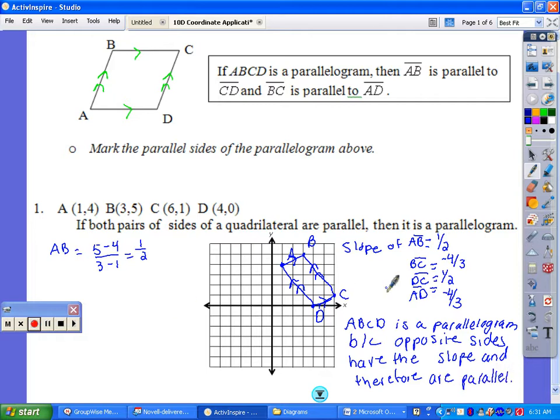So for this method, you need to make sure that you show the slope of every single segment on the quadrilateral, and then notice that if the opposite sides have the same slope, then it is a parallelogram.